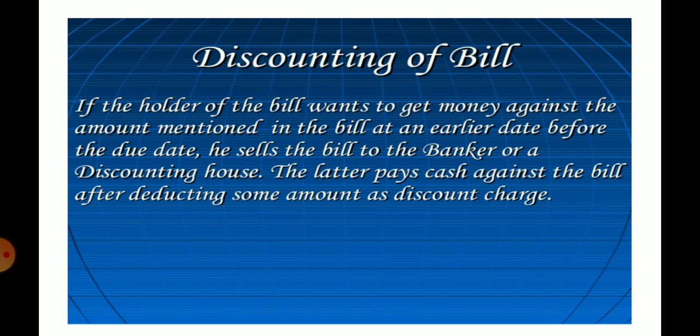So sometimes some persons need urgent money in an emergency, they can discount that bill from the bank, and on this event the bank can charge discounting charges for the bill because the person is withdrawing money before the time of maturity.